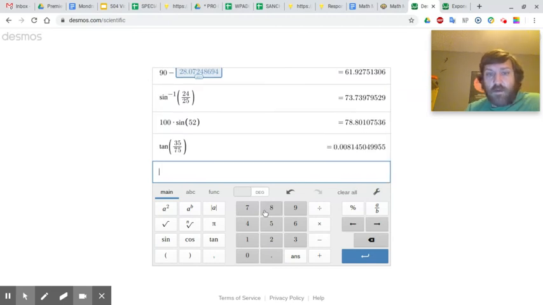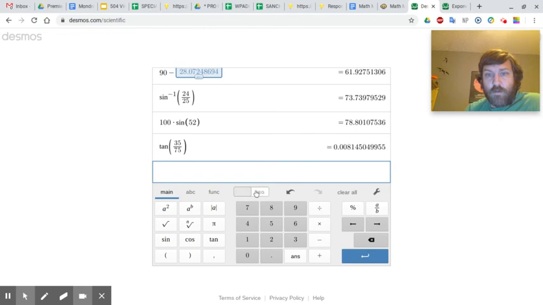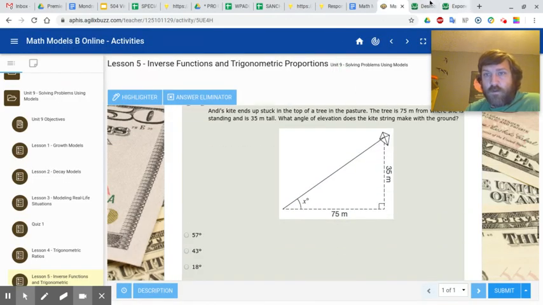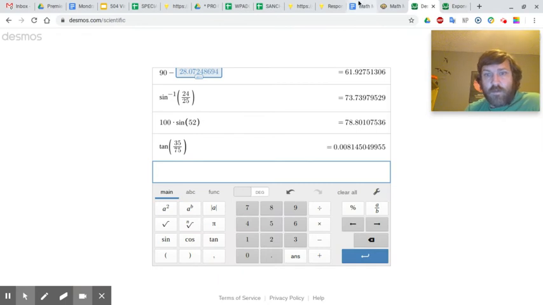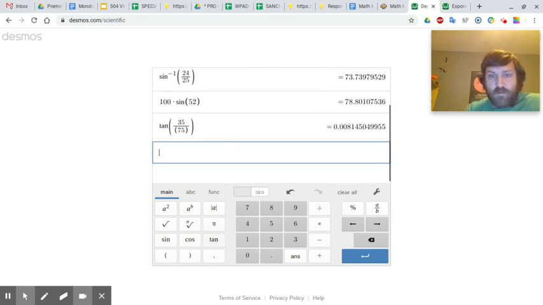And we get, I need to be in, I am in degree mode. Make sure I'm in the right mode. There we go, degree mode. There's an issue here. I'm trying to figure out what it is. Let's go back. Tangent of 35 divided by 75. Still getting the same thing. Why is that working?